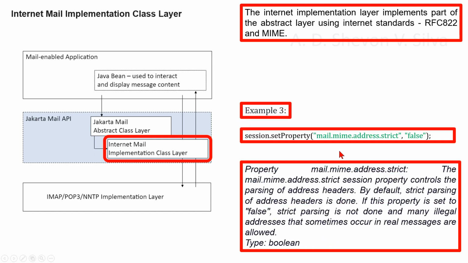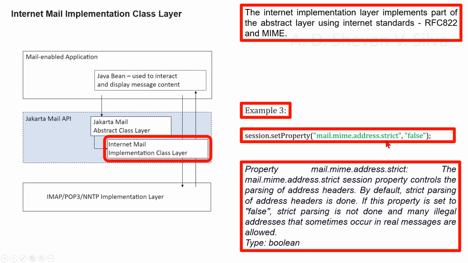As example 3, we can consider this property, mail.mime.address.strict. The mail.mime.address.strict session property controls the parsing of address headers.